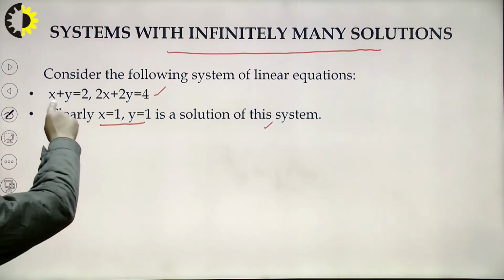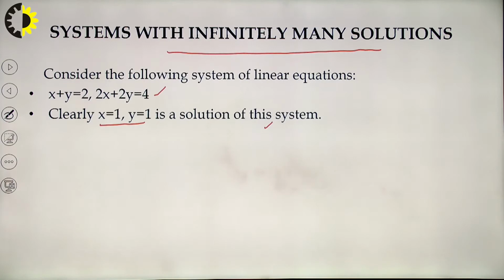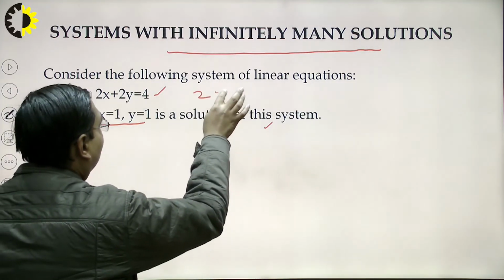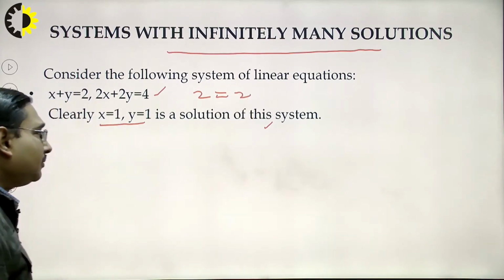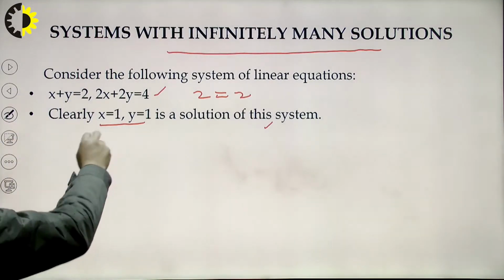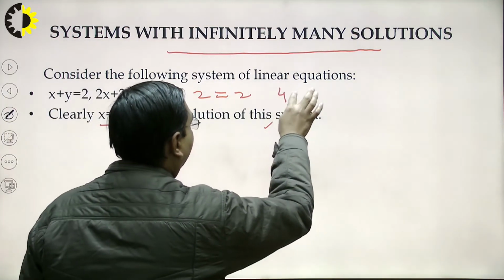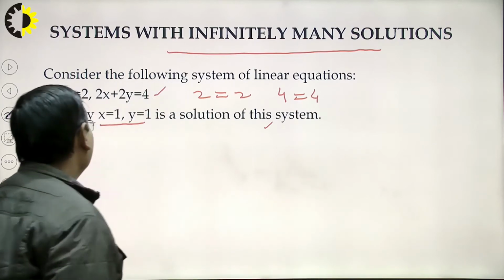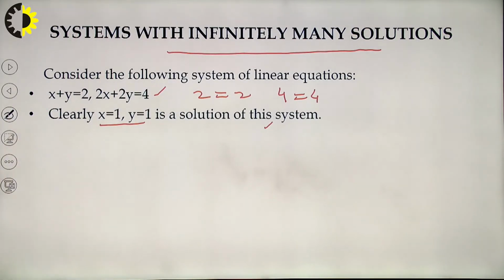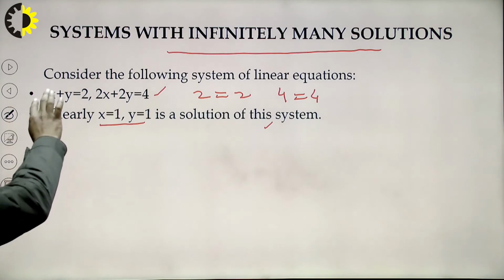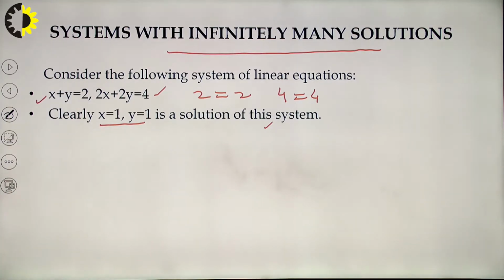If I substitute x equals 1 and y equals 1 in the first equation, I will get 2 equals 2. If I substitute them in the second equation, I will obtain 4 equals 4. Thus, x equals 1, y equals 1 is a solution of this system of equations.